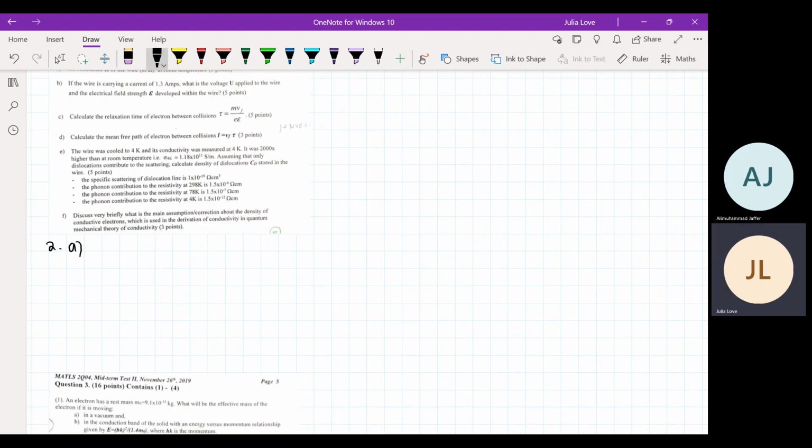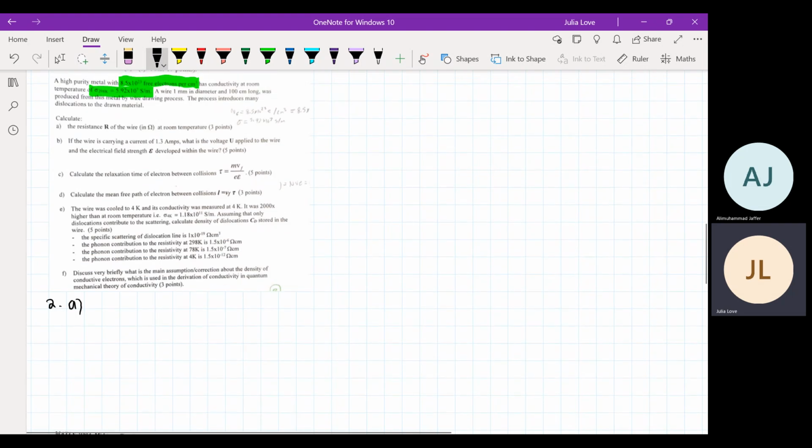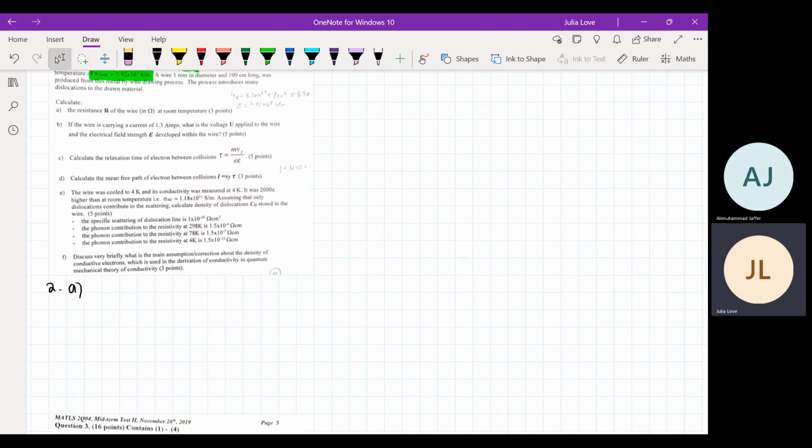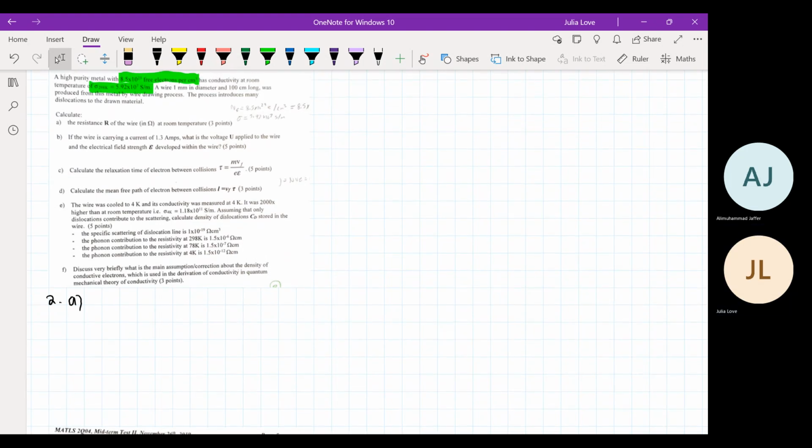So 2A is asking for the resistance of this wire specifically at room temperature. So we were given the conductivity up here, and the resistivity, defined as ρ, is just 1 over the conductivity.